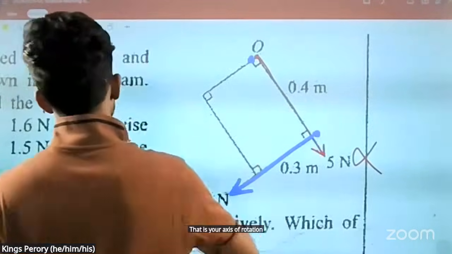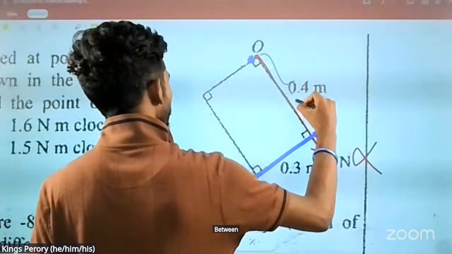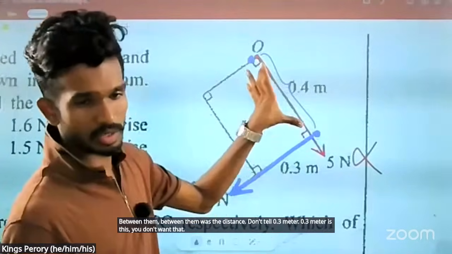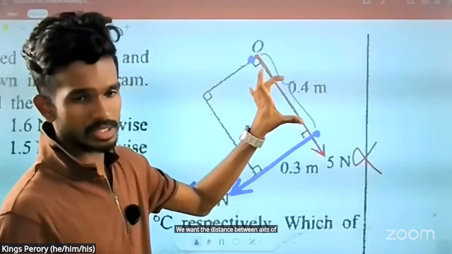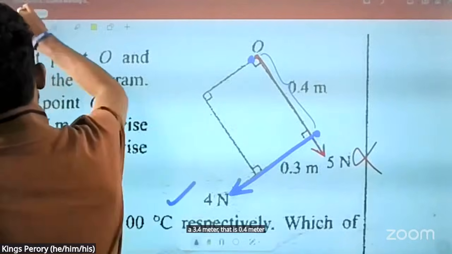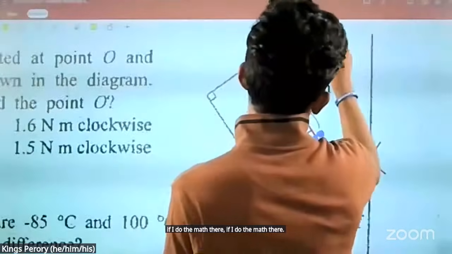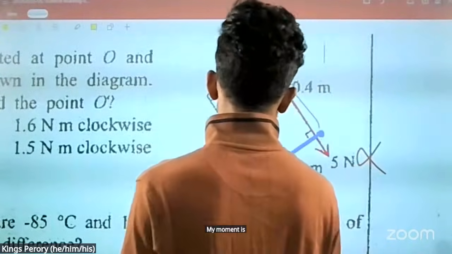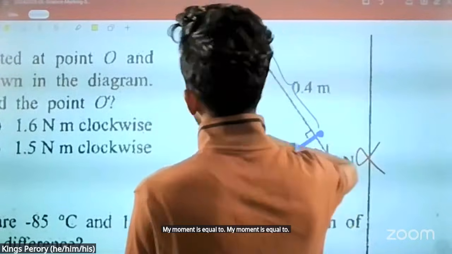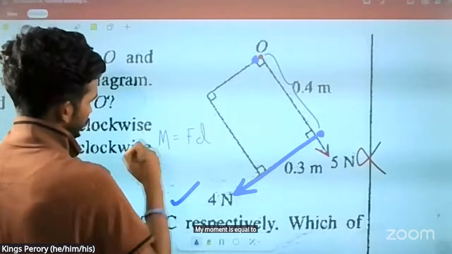This is your force. Between them, what is the distance? Don't tell 0.3 meter. 0.3 meter is this. We don't want that. We want the distance between the axis of rotation and the force. That is 0.4 meter. So if I do the math, my moment is equal to FD.